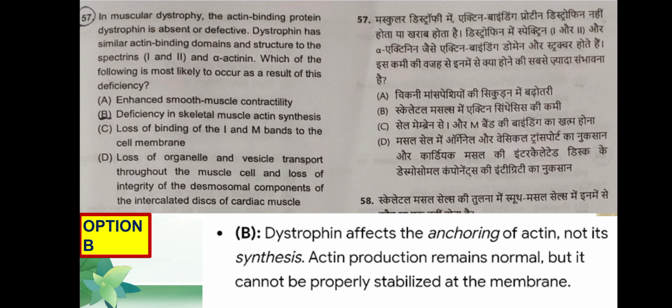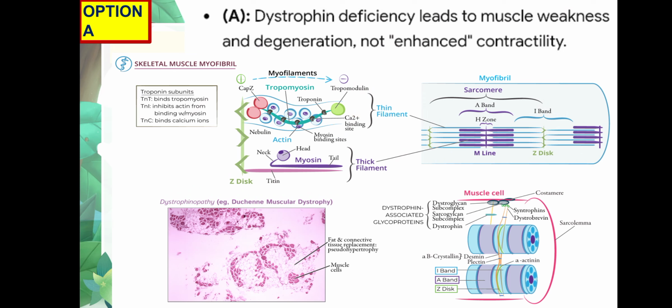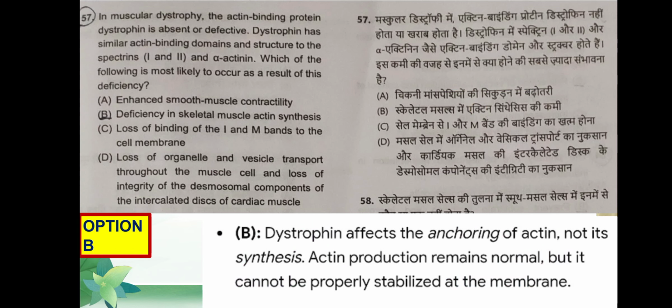Which of the following is most likely to occur as a result of this deficiency? So option number A is enhanced smooth muscle contractility. If the dystrophin is deficient, not present, how can this lead to enhanced contractility? It will lead to muscle weakness and degeneration, not enhanced contractility, isn't it? So option number A is wrong.